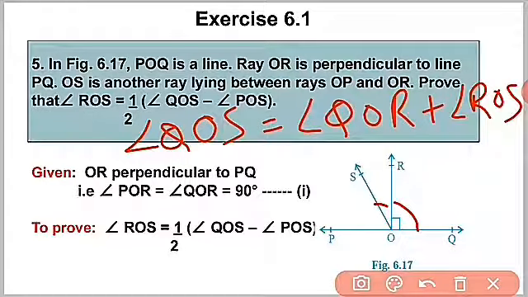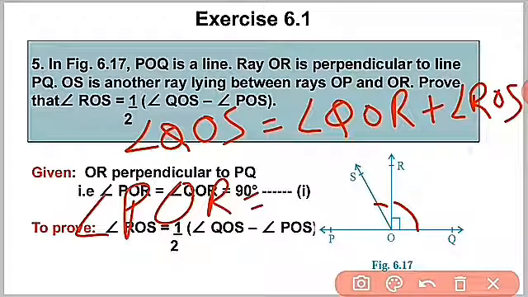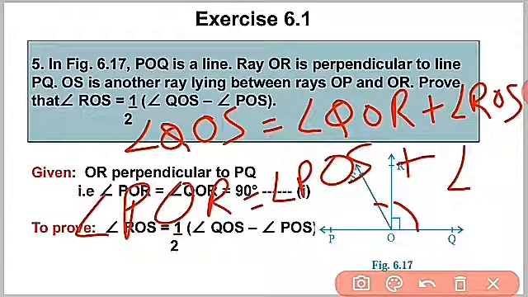In the similar way, angle POR is made up of angle POS plus angle ROS.